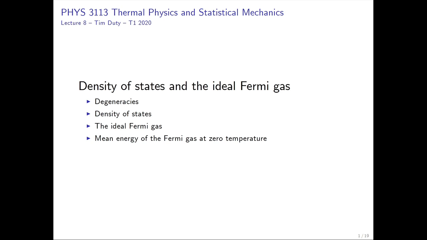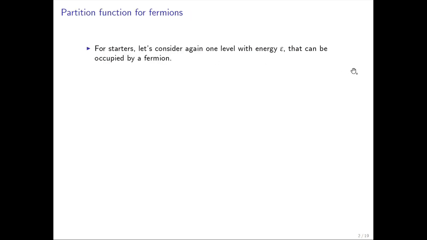And then we'll use that to basically take the continuum limit, that is the limit when we have a very, very large volume of quantum particles, fermions or bosons. And that will allow us to calculate the partition function and mean occupation numbers in this so-called continuum limit. Okay, let's get started.